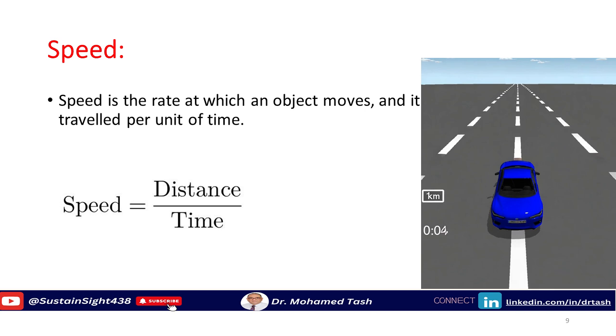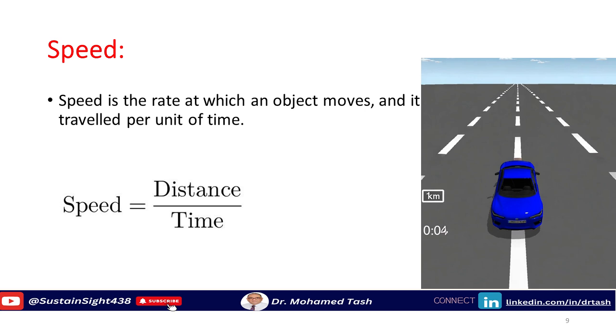Speed equals distance divided by time. As you can see, speed is what we want to find out. Distance is the total length the object has traveled. Time is the duration it took to cover that distance. It's important to note that speed is a scalar quantity, meaning it only has magnitude, a numerical value, and doesn't have a direction.